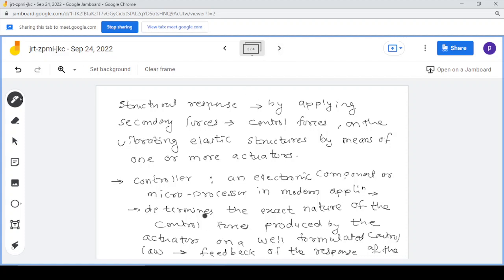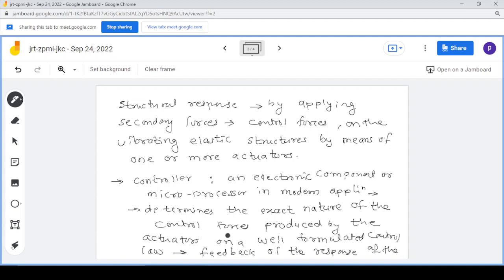So it is an electronic component or microprocessor which determines the exact nature of the control forces produced by the actuators on well formulated control laws.